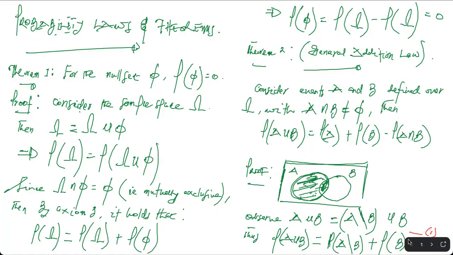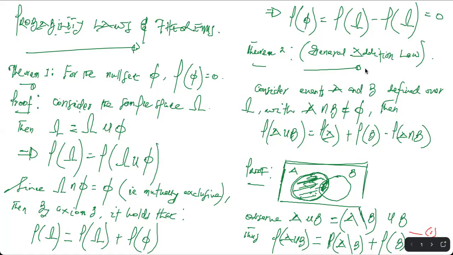When we say the probability of the null set is zero, it's simply telling us that it's impossible, because the null set does not contain any member, whereas the sample space contains all the possible outcomes that you can observe. An impossibility happens when the probability of a particular outcome is zero, right? So this is how the proof goes.